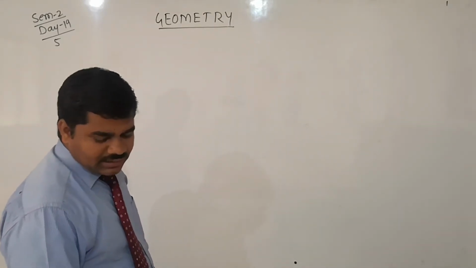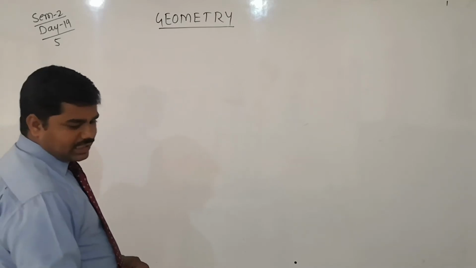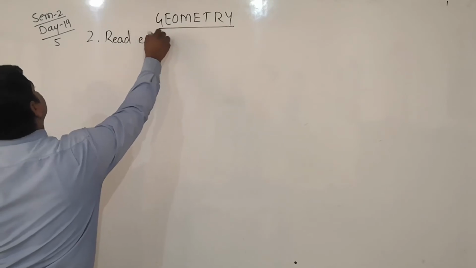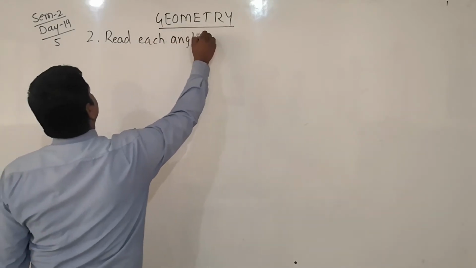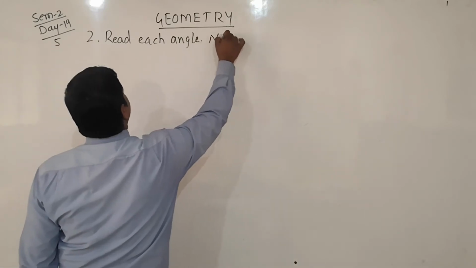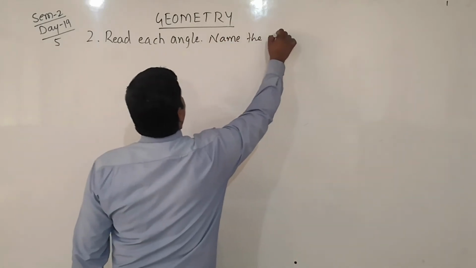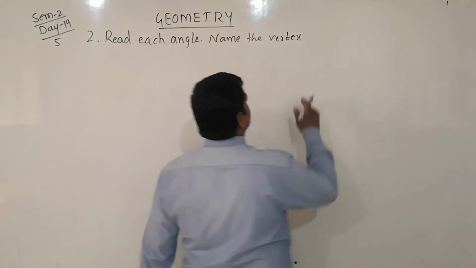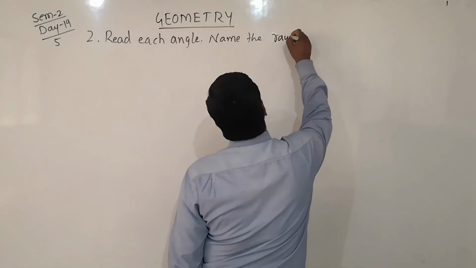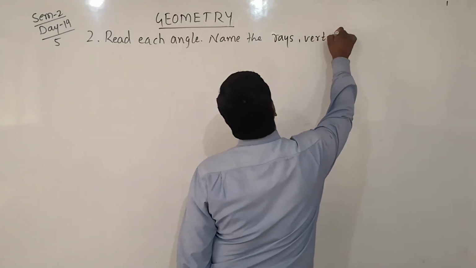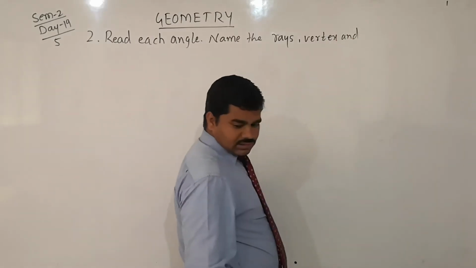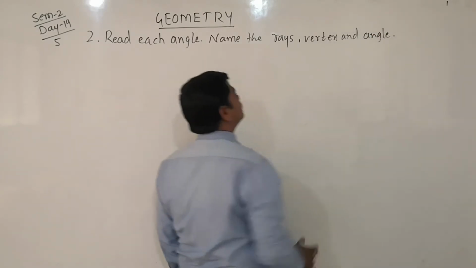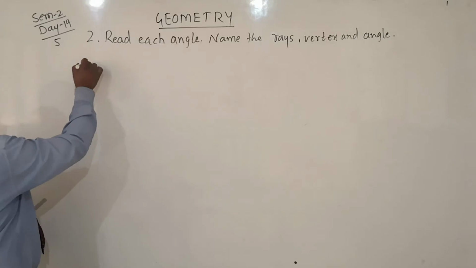Read each angle, name the rays, vertex and angle. First one, a figure is given.